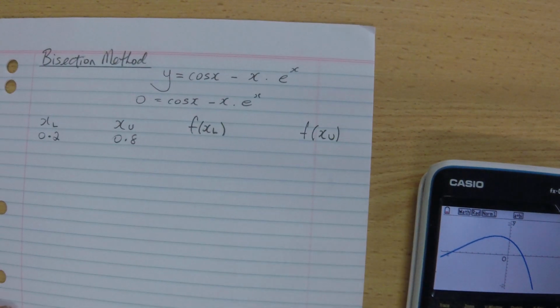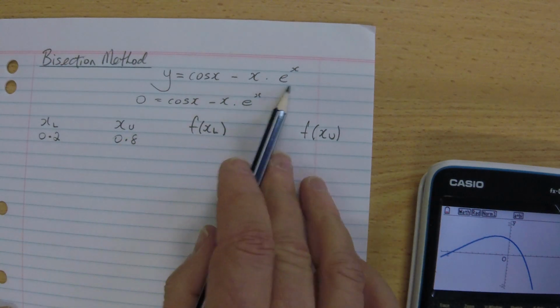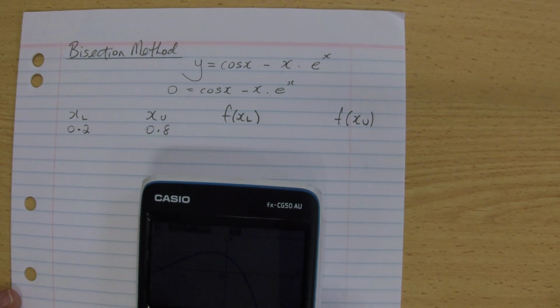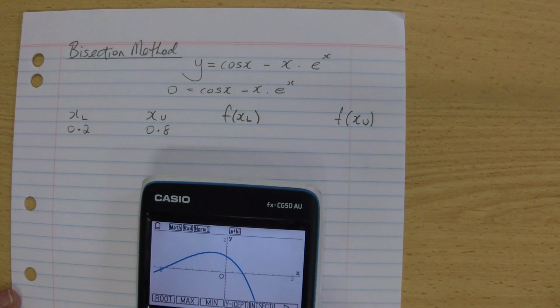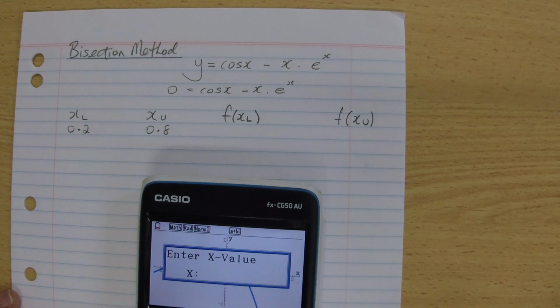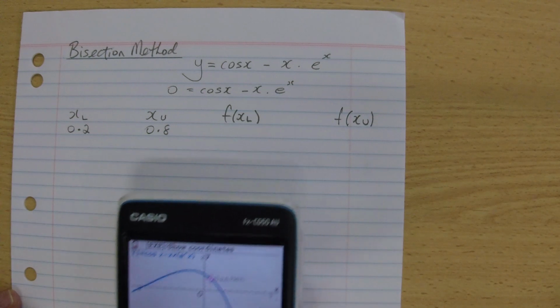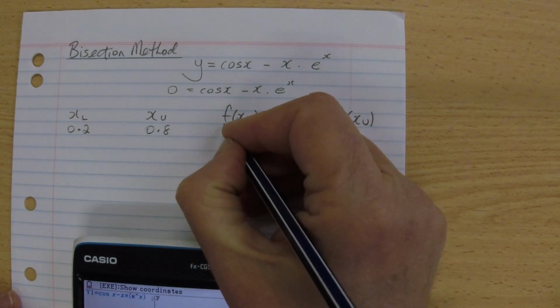So I can either type the 0.2 into the formula here, which would be a bit tedious I suppose, or I could do a y calculation here, and if I put 0.2, we see that the y value is positive like we wanted, 0.7. I might just mark that spot there. So 0.73, that's all I really need to know, that it's positive.